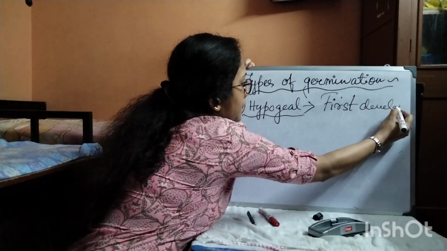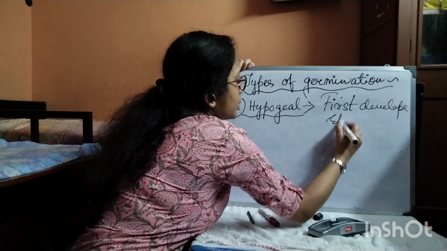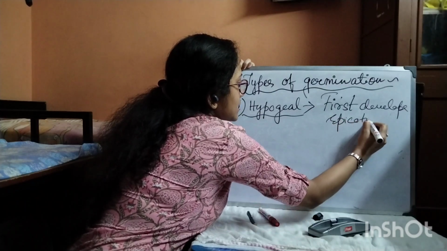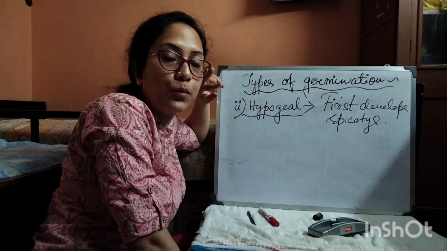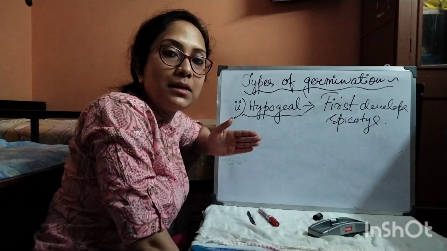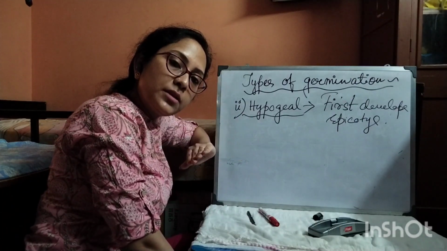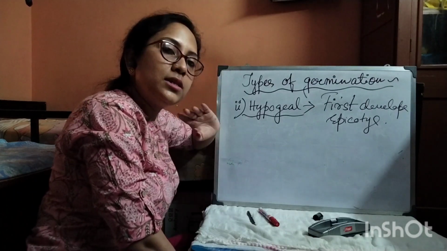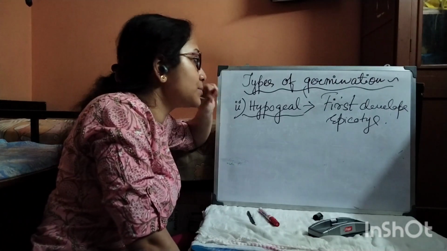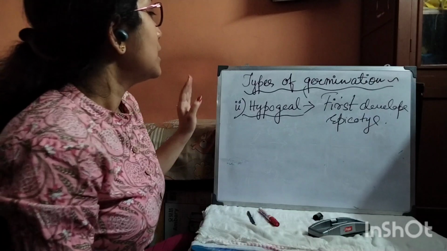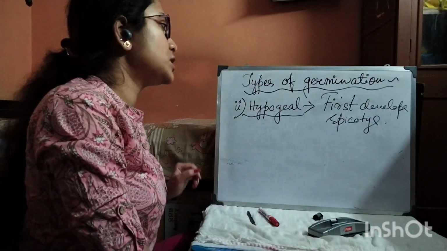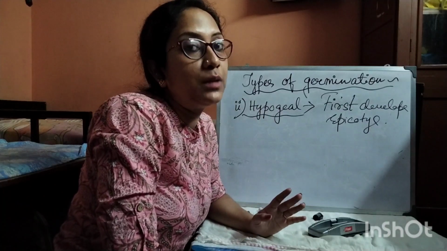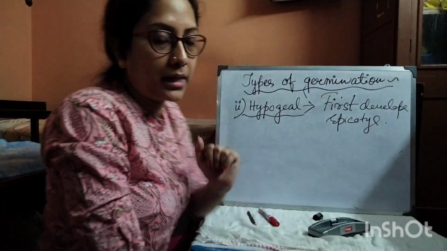First the epicotyl. Just remember it with a trick: epicotyl goes with hypogeal germination, hypocotyl goes with epigeal germination. So in case of the hypogeal germination procedure, the first development will be in the epicotyl portion.